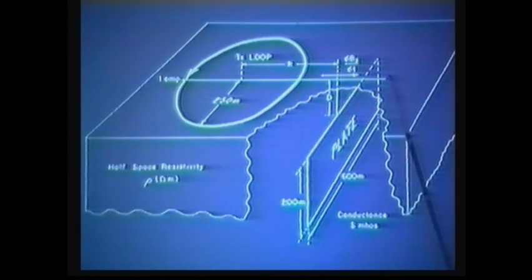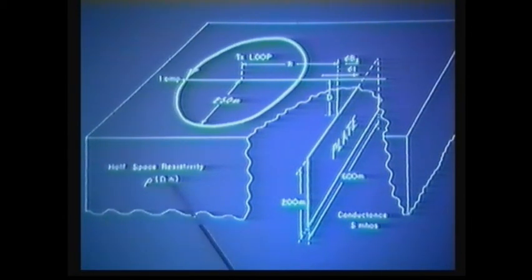So the calculations that we did, we took a plate target, a large plate, 200 by 600 meters, and we let it have various conductances. The conductance is the conductivity thickness of the plate, and it's a measure basically of how conductive it is.